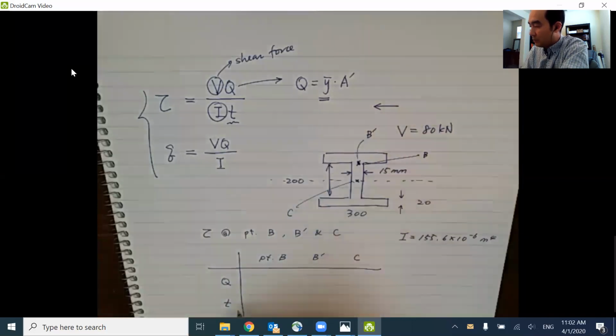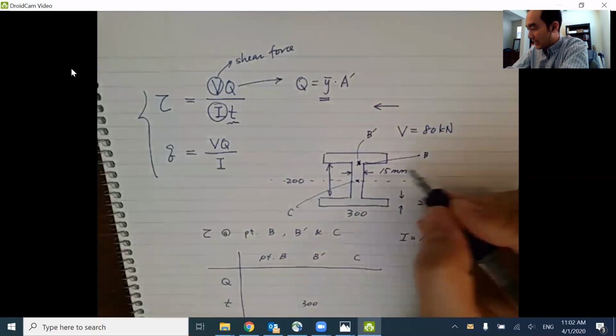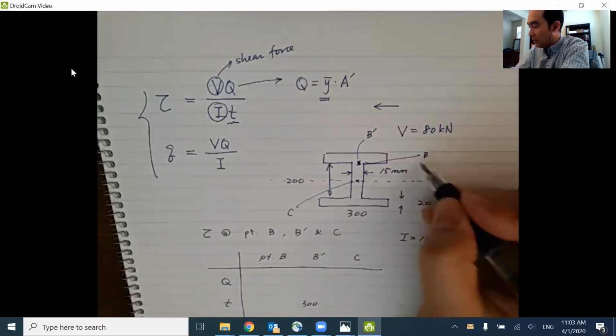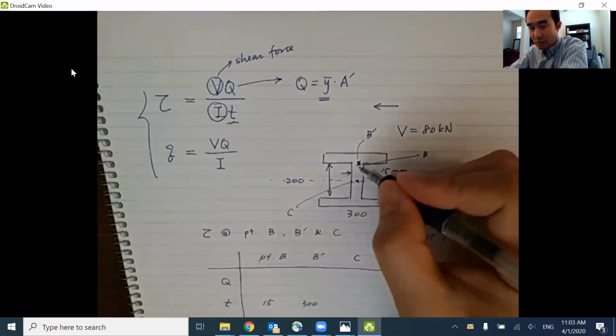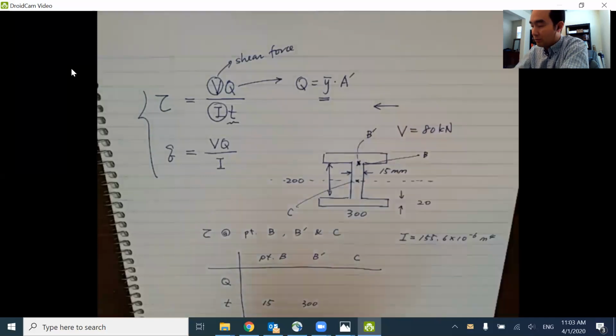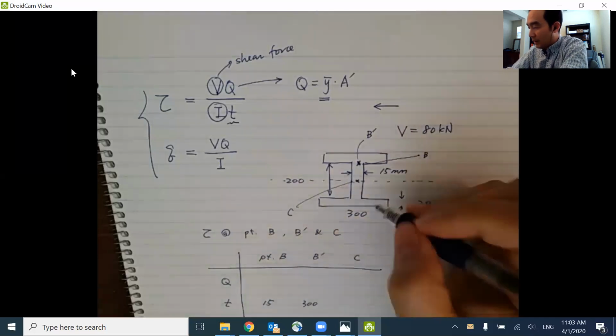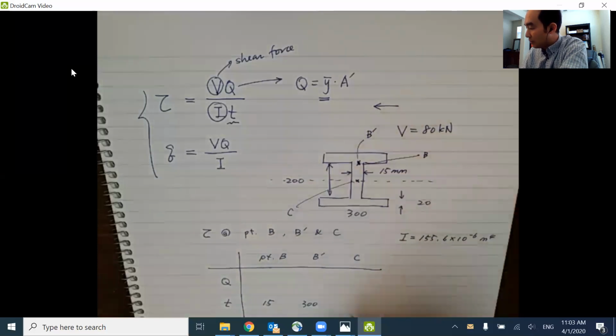So the T for B prime is going to be 300 in millimeter, while the thickness for point B would be 15, because even though it is the same location, it is the top of the web, so the corresponding width is going to be 15 millimeter. And point C, of course, the thickness is going to be 15 millimeter as well. So that's the easy part.